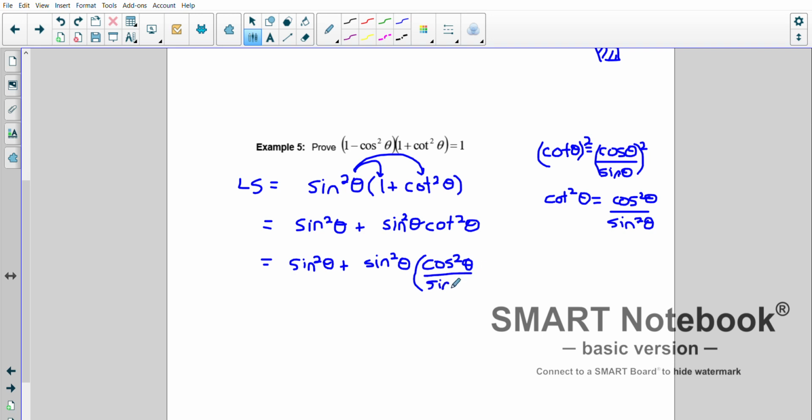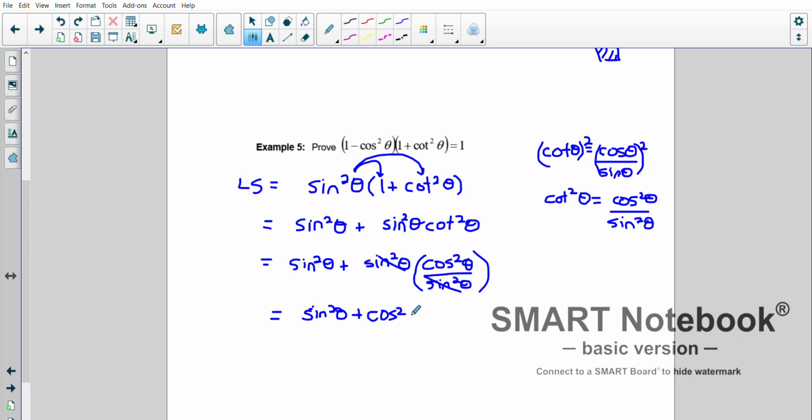So when I make this substitution, well, now I have a sine squared theta divided by a sine squared theta. I could divide that out, and I'm just left with sine squared theta plus cos squared theta.